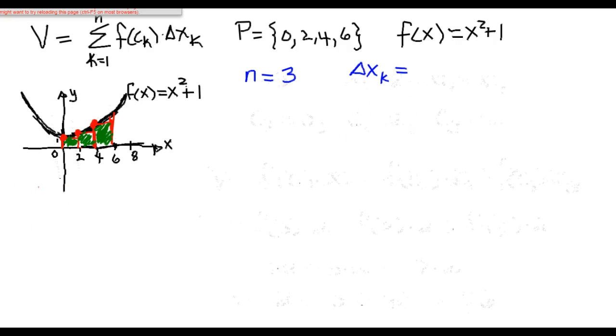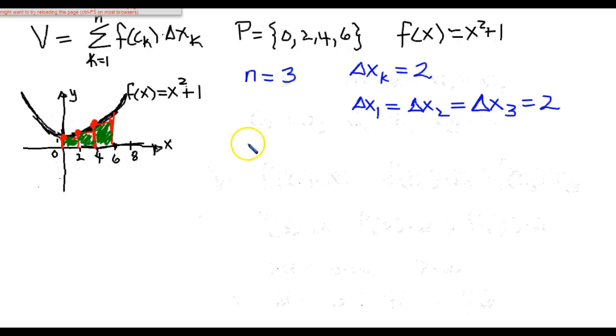So delta x sub k is going to be equal to 2 in each case. Simply it means delta x sub 1 equals delta x sub 2, which equals delta x sub 3, and all of them have the value of 2.